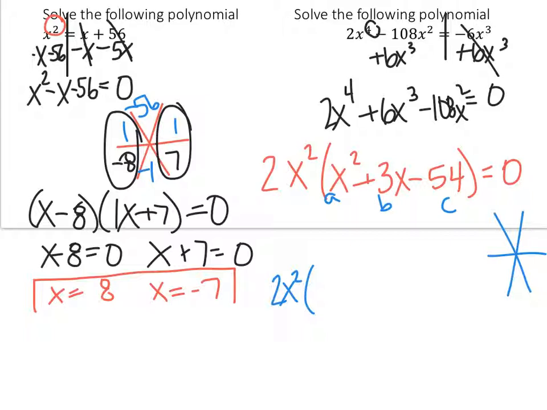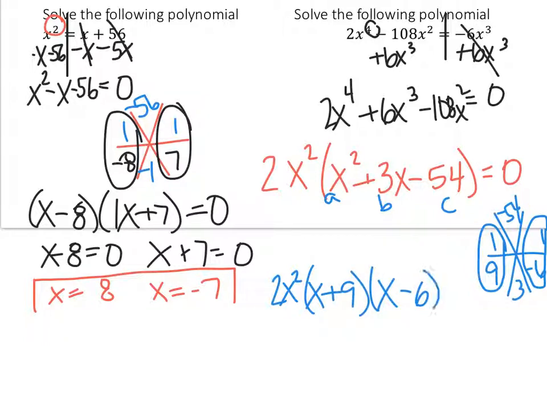So a times c is negative 54, b is 3, and 1 on the sides. My 2 numbers that will multiply to negative 54 but add to 3 is 9 and negative 6. Again, 1 over 9 won't simplify, and 1 over negative 6 won't simplify. So my factors are x plus 9 and x minus 6.